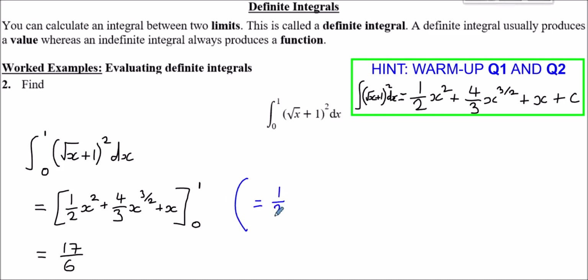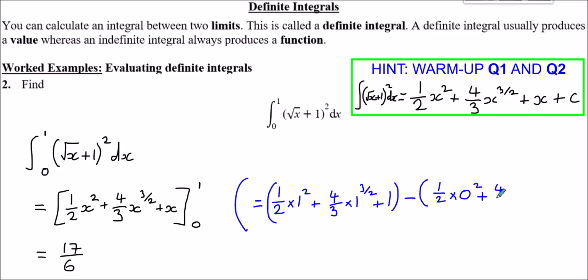So that would be half times 1 squared plus 4/3 times 1 to the 3 over 2 plus 1, minus half times 0 squared plus 4/3 times 0 to the 3 over 2 plus 0, and that would just be 17 over 6 minus 0.